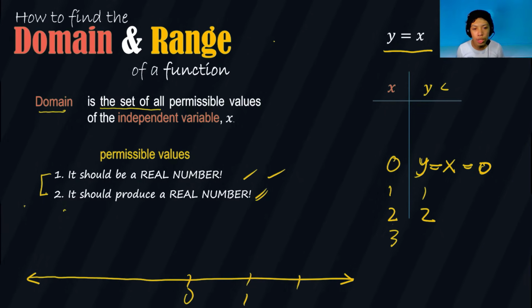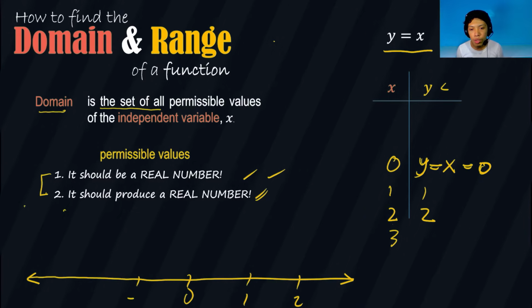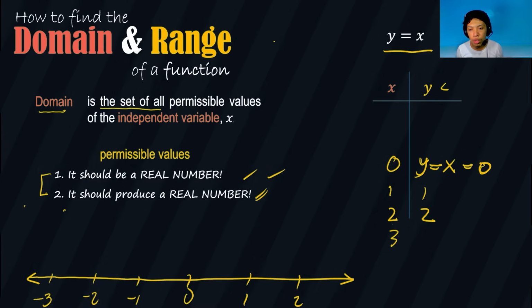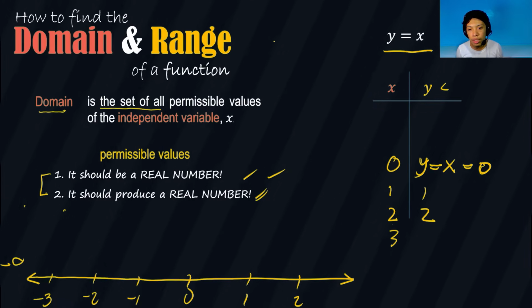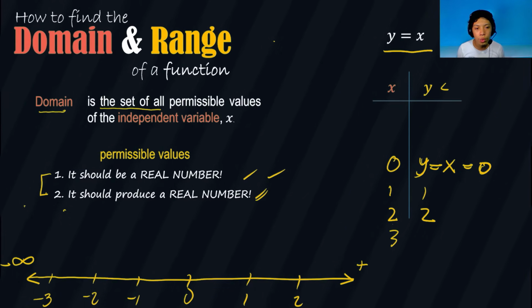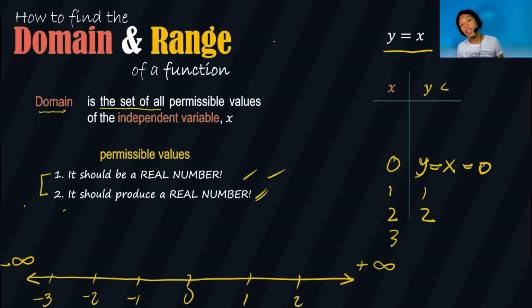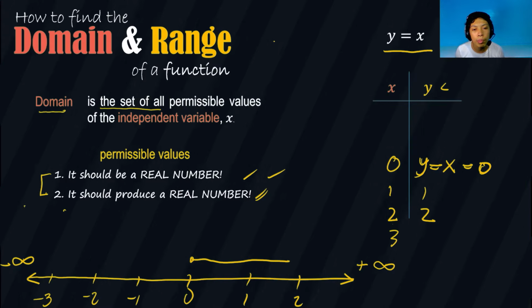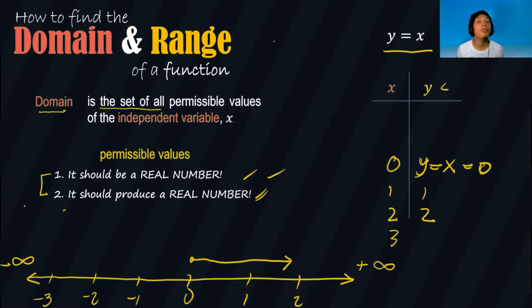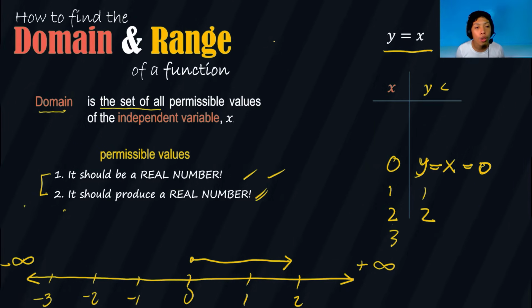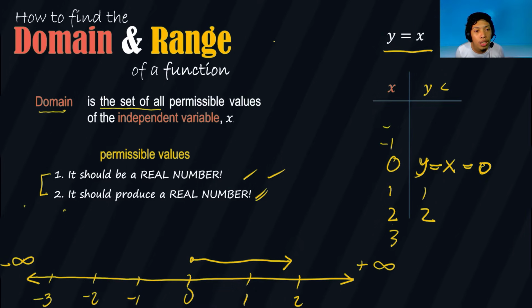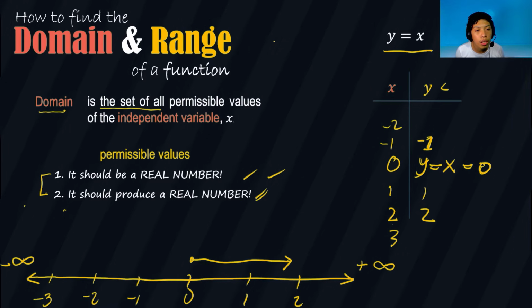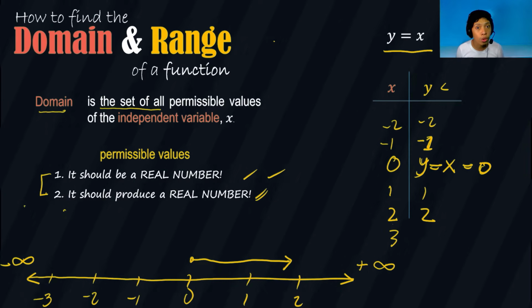Zero, 1, 2, -1, -2, -3. This is to negative infinity, and this is to positive infinity. So from 0 to positive infinity are permissible values. Also -1, -2, where the resulting y is -1 and -2, and so on and so forth also.